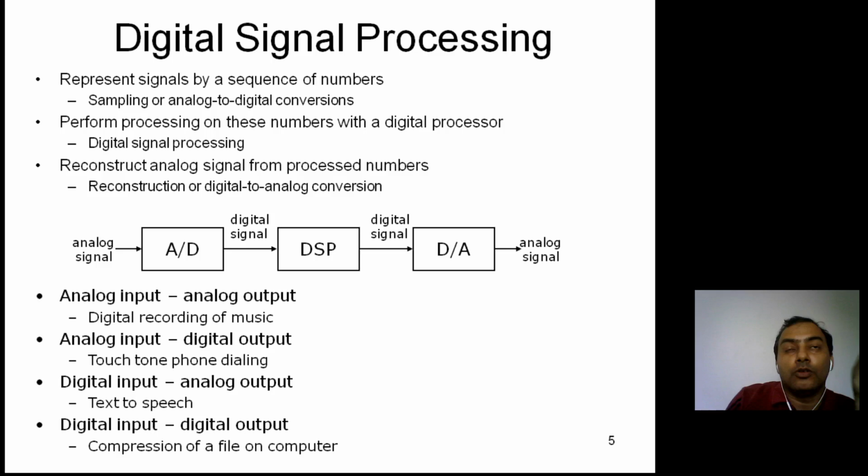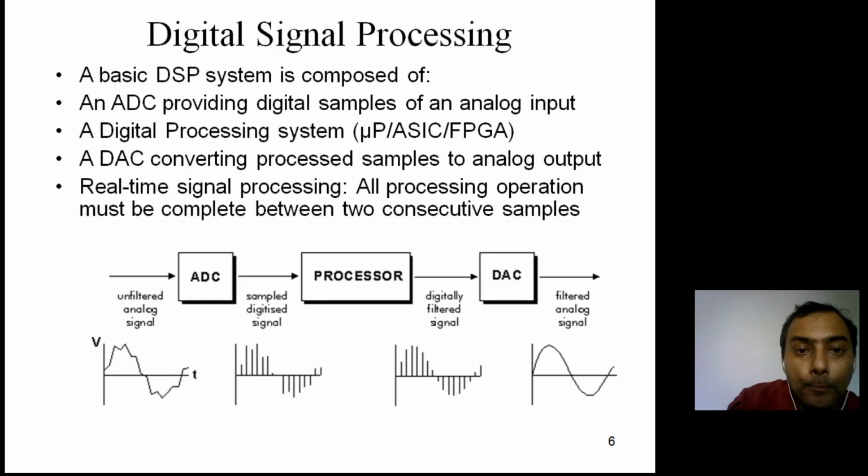Digital signal processing. A basic digital signal processing system is composed of basically three things: ADC, DAC and processor. This processor, we have seen in my last slide also. So this is in more detail, like the analog to digital converter, providing digital samples of the analog input. While we are giving an analog signal to this system, we are going to get a digital output.